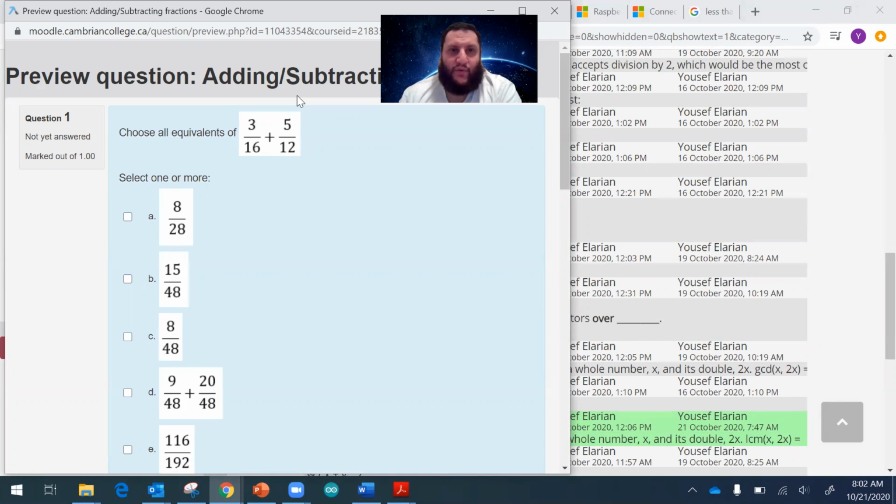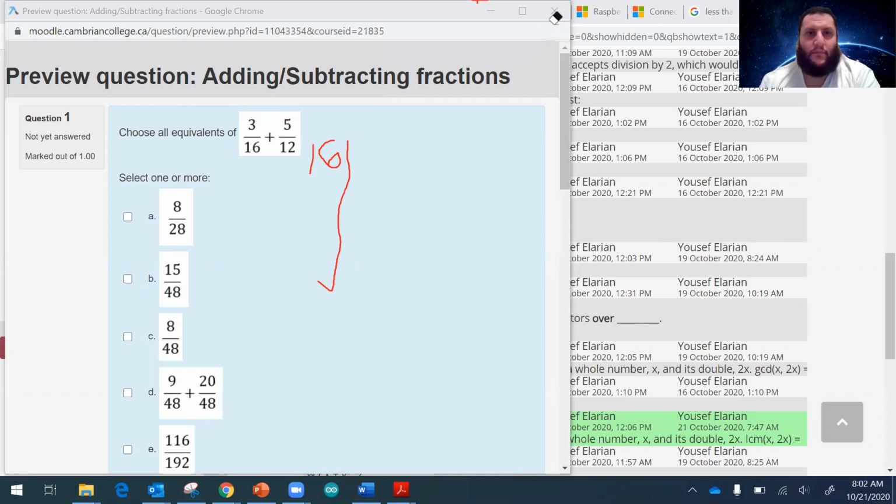If we want to go our way, we would say the least common multiple of these two numbers should be computed as follows. 16 is nothing but 2 by 2 by 2 by 2. And 12 is nothing but 2 by 2 by 3.